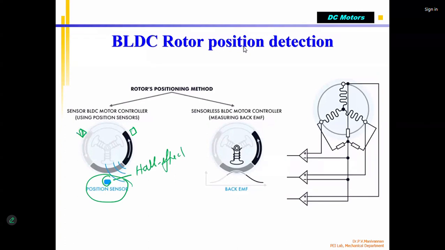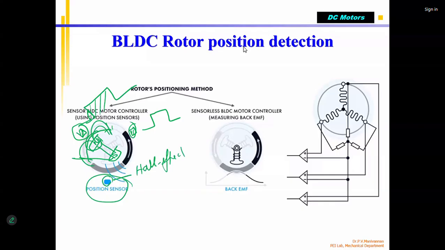That is 120 degree. This is the HA sensor. 3 sensors are there. These sensors will generate pulses whenever the north pole of the rotor magnet comes near that sensor. That is also for 120 degree. The magnetic flux from the rotor north pole will be going like this. So as long as the rotor is within this 120 degree, it will produce a pulse.